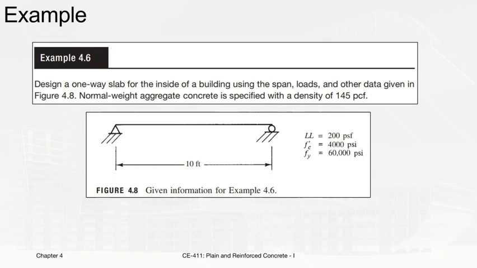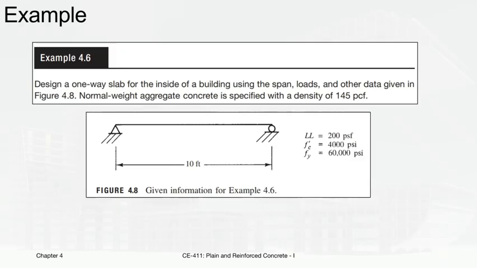Let's see: design a one-way slab for the inside of a building using the span, loads, and data given in figure 4.8. Normal weight aggregate concrete is specified with a density of 145 pounds per cubic foot.